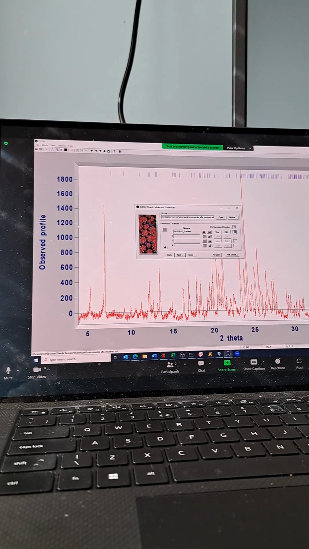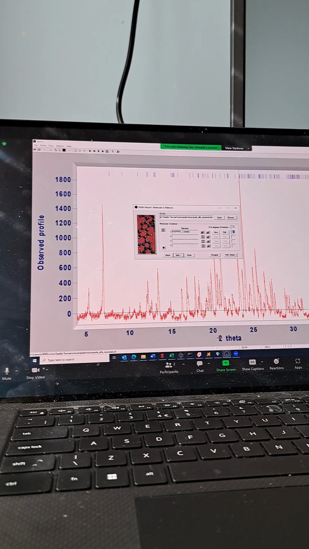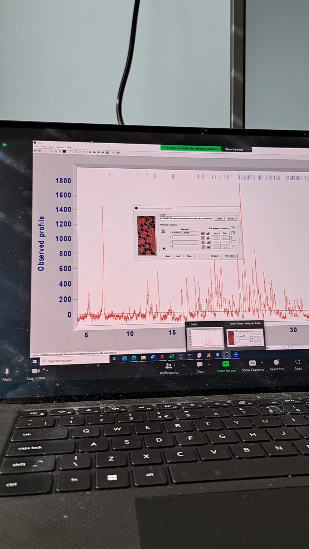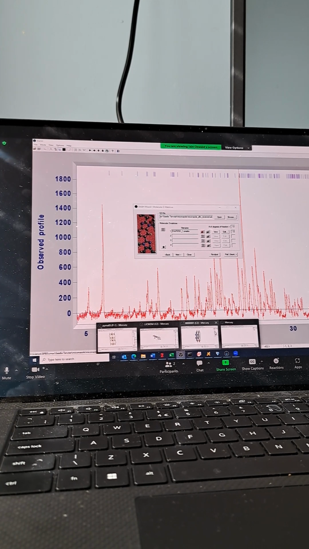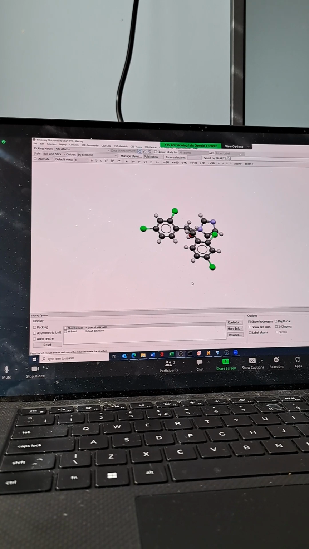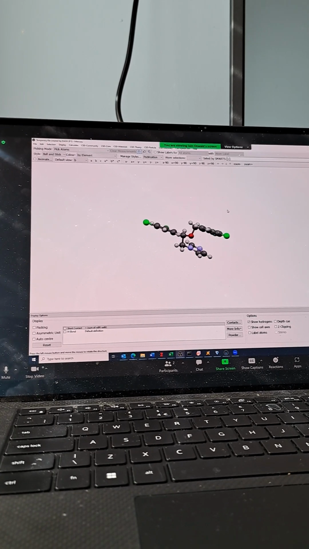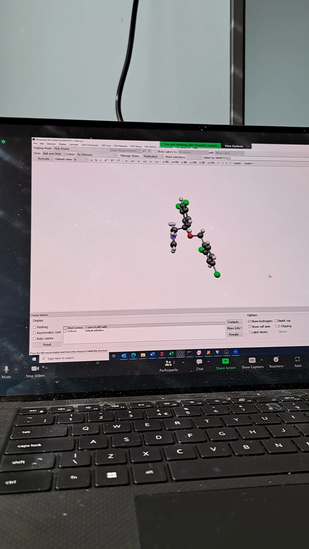Equally, it tells me how many degrees of freedom I've got. That's 12. Okay, so here it is. It's giving us a view of what we're putting in. I now know that molecule is correct. That's the one I want to put in.